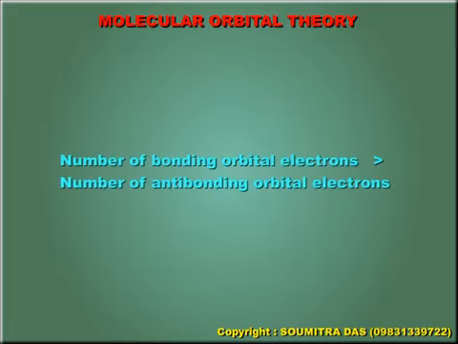A chemical bond is possible only if the number of bonding orbital electrons exceeds the number of anti-bonding orbital electrons.